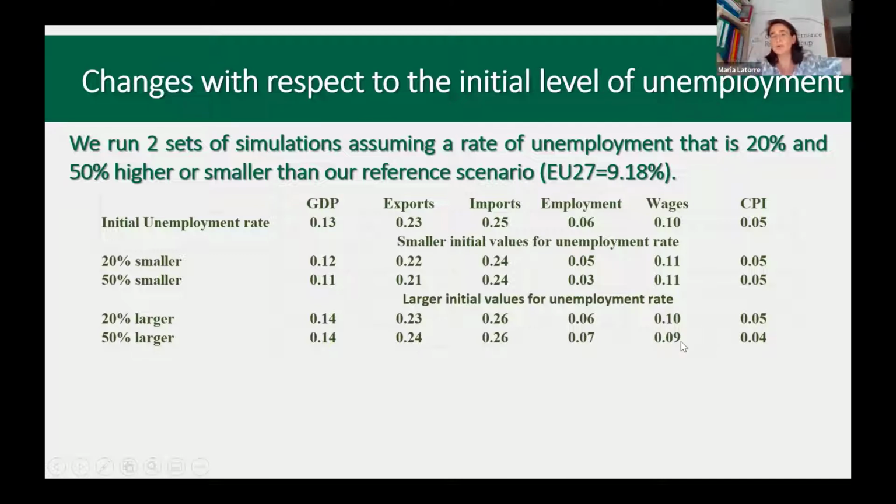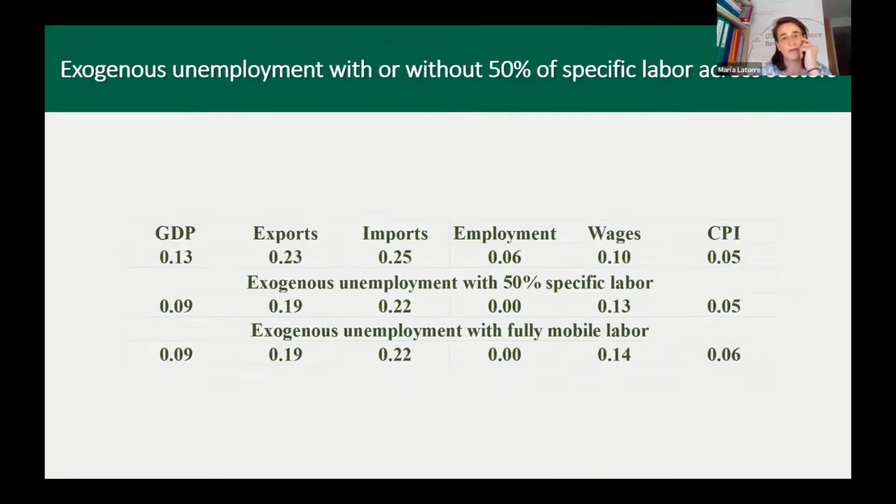You have a higher pool of workers from which you can hire, so the wage increases are not that big because you have a lot of workers to choose from, and that makes it cheaper to employ them, and that expands GDP a bit more than what we find in our central scenario.